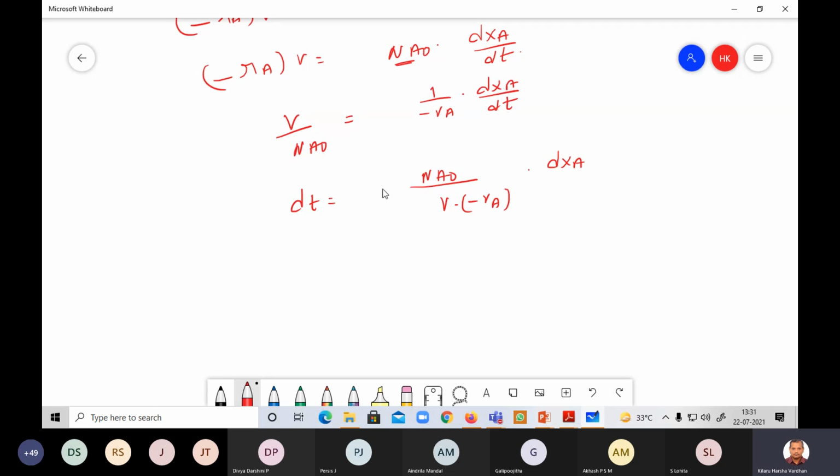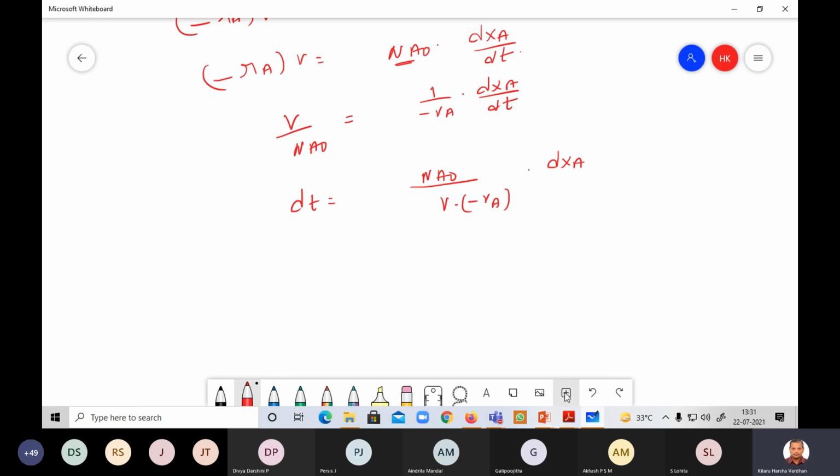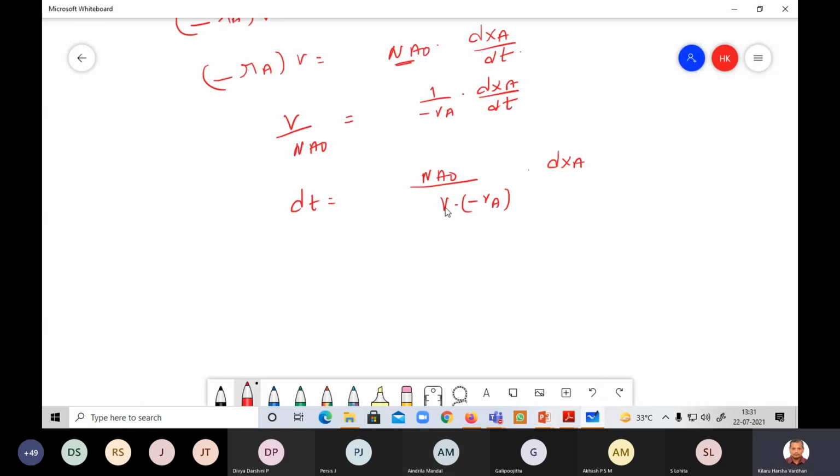dt you are taking to this side, correct? That is what I just wrote here: Na naught, dXa by minus Ra into V. If you want to write in the same terms, then dt is equal to Na naught into dXa by minus Ra into V. Minus Ra is the rate of disappearance.